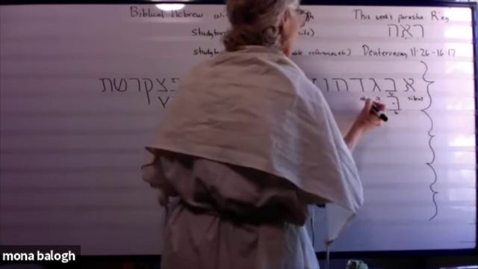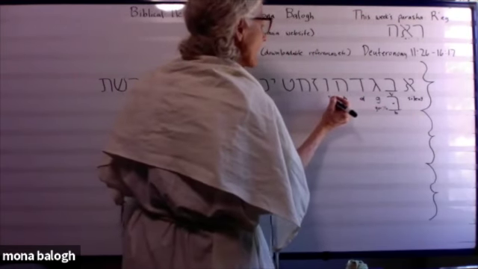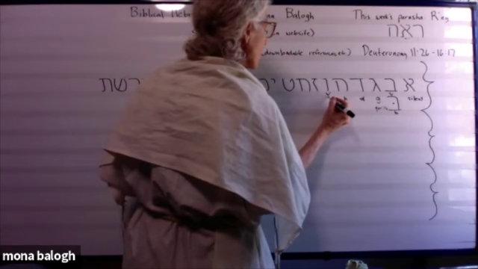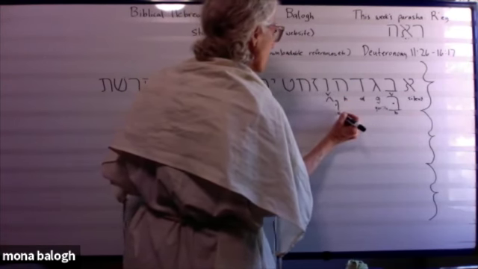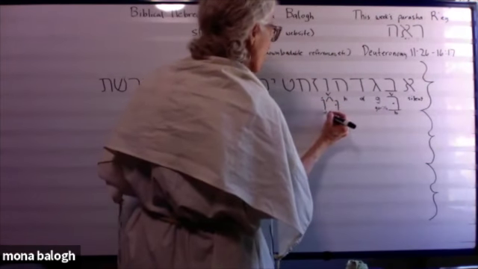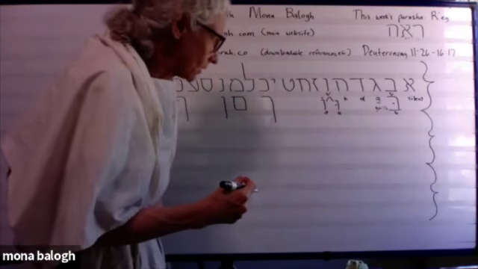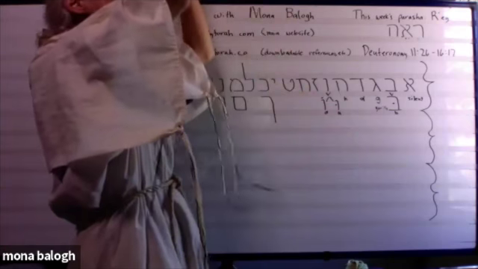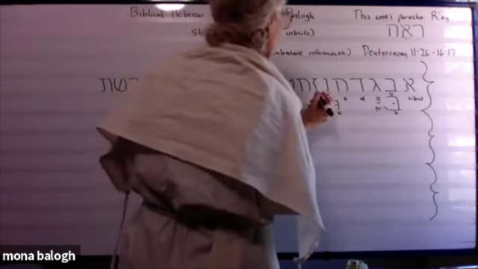Dalet, D. Hey, H. Vav is V, but it has 2 vowel forms. Vav U is the U sound, and Vav O has the O sound. Remember, the Vav U, it's like you're punching yourself in the belly and going, ooh. And the Vav O, the dot is over the Vav, the O sound.